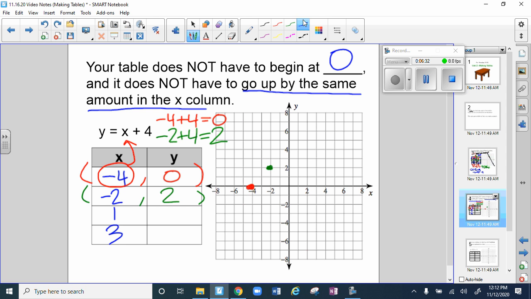Then I have 1, x is equal to 1. So I'll have 1 plus 4, and that equals 5. So y is equal to 5 when x is equal to 1. So another solution would be 1, 5.